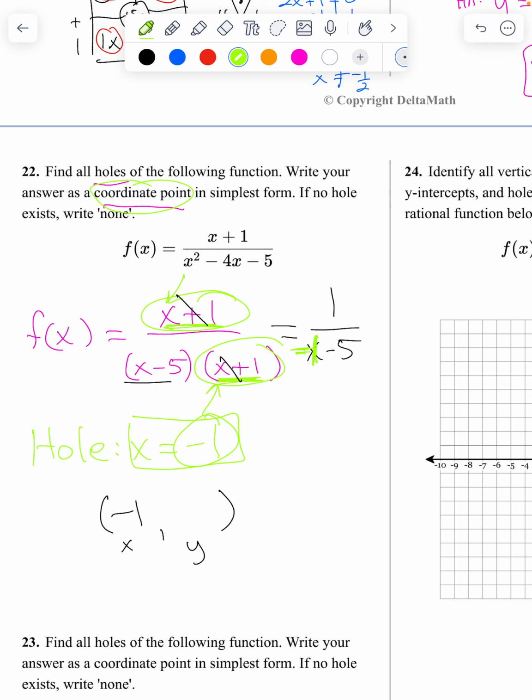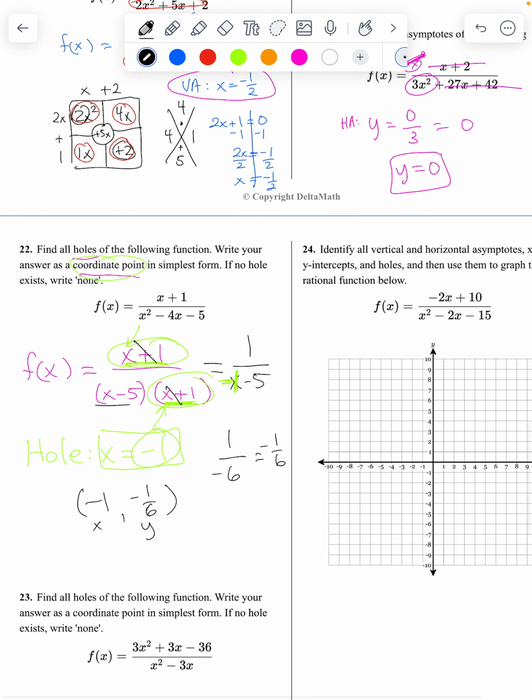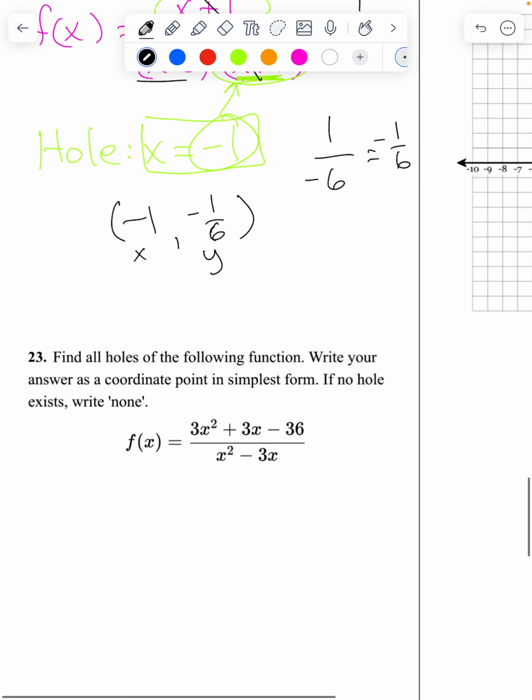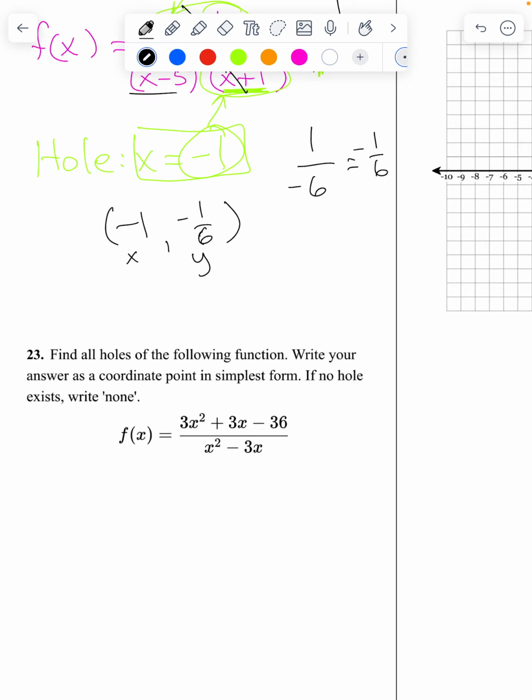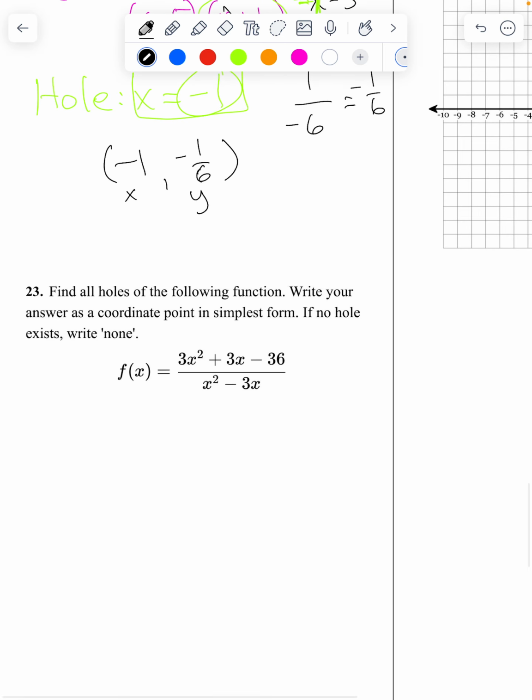So it's 1 over -1 minus 5, or that would be 1 over -6, or you could just say that's -1/6. So this is the coordinate of the hole. And if you graph it in Desmos and you sneak over there, you'll see that that's where there's a hole.